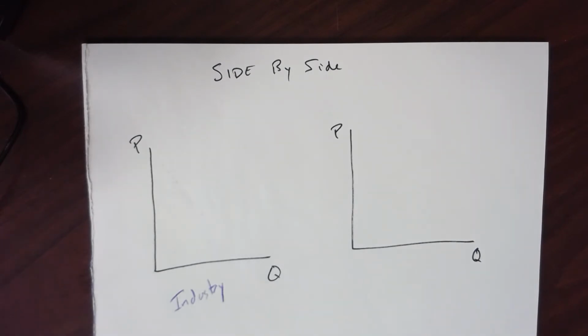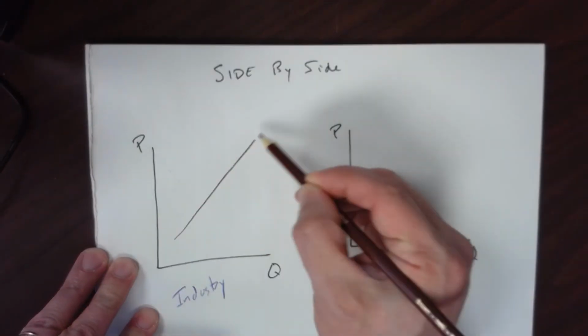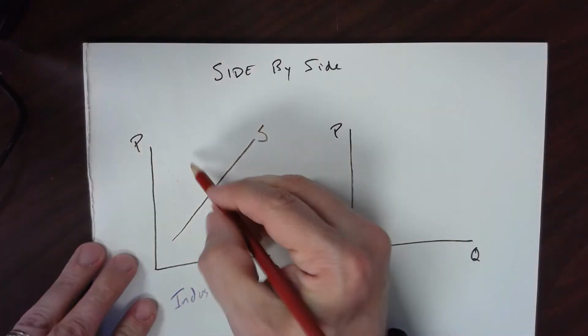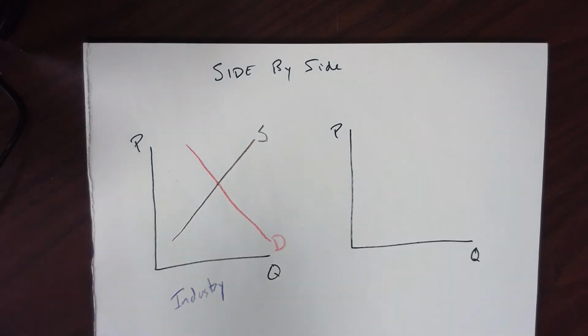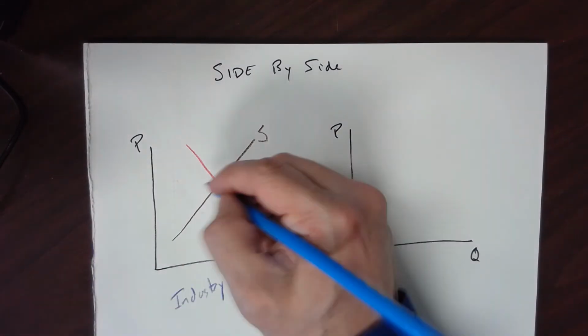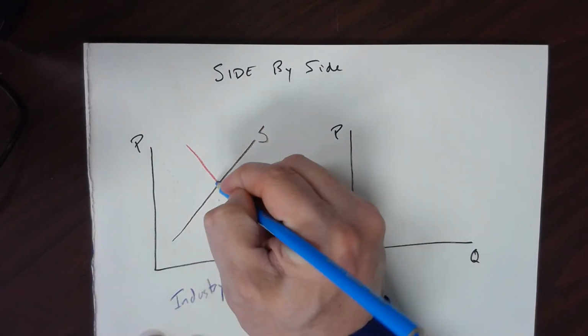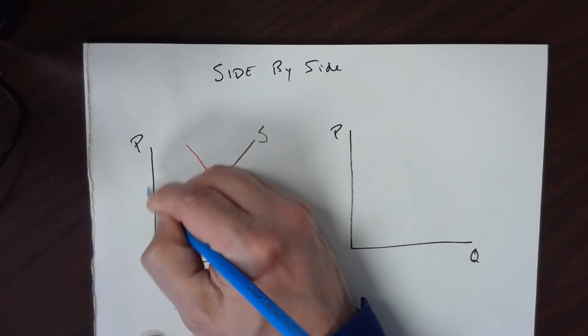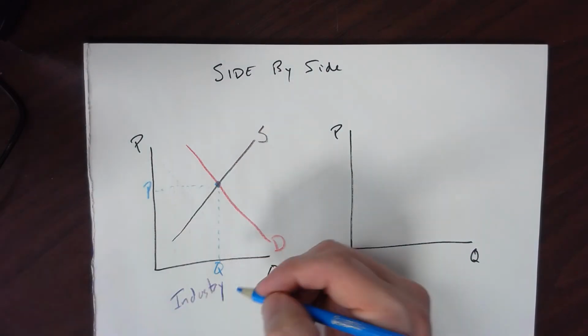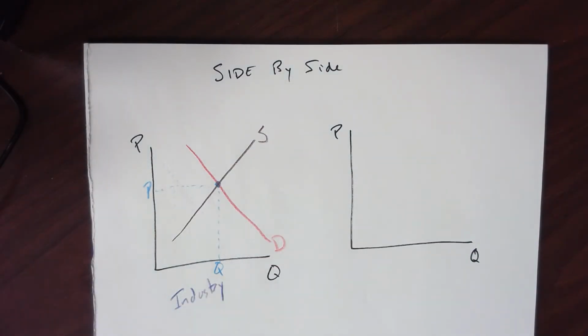And you have two very simple curves that you have seen millions of times already: supply and demand. And where you have your equilibrium point, that is the price-quantity combination that the entire industry produces at.